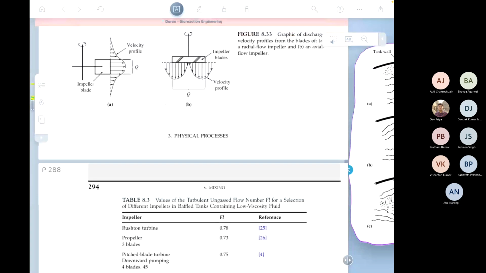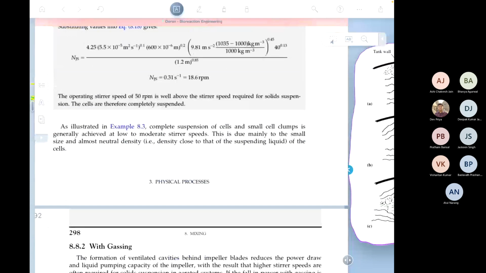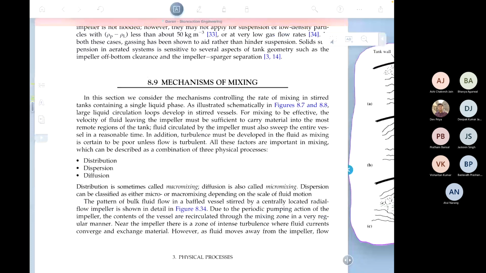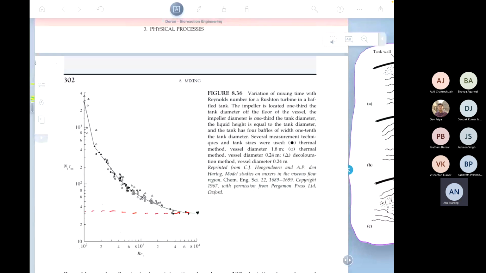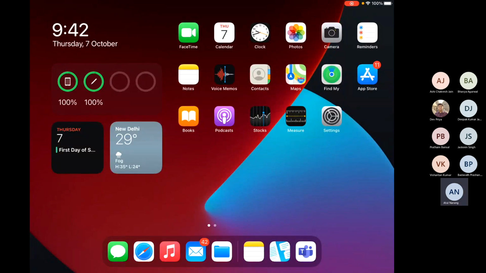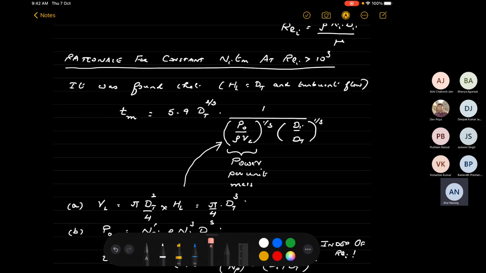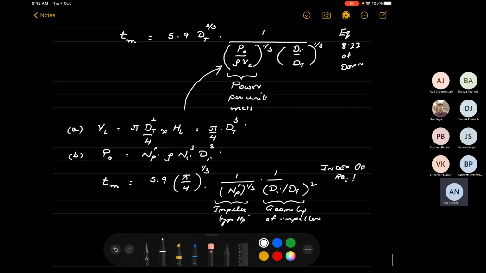This is the formula. This is equation 8.22 of Doran.